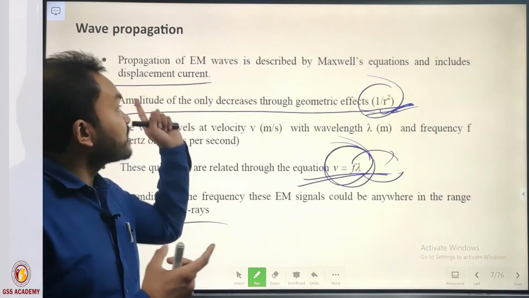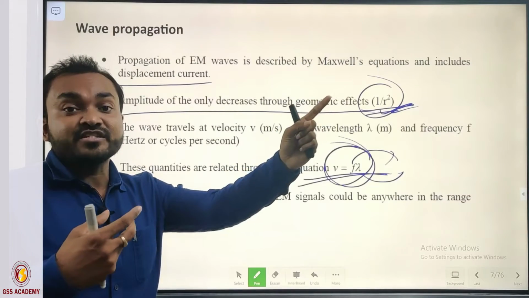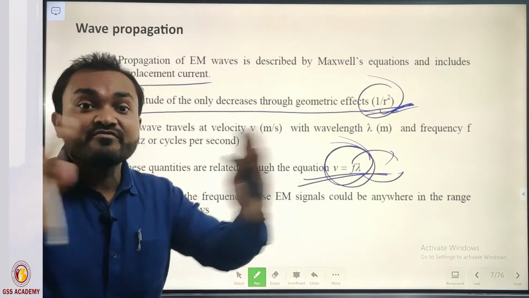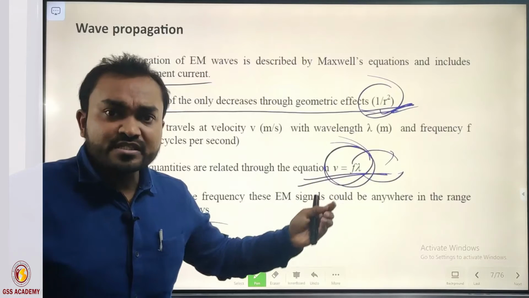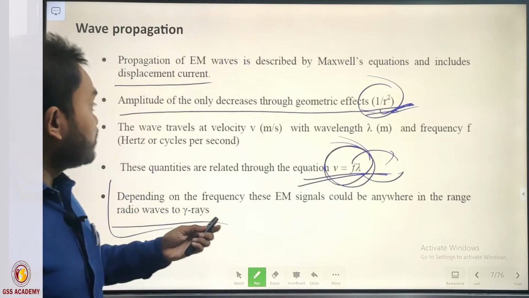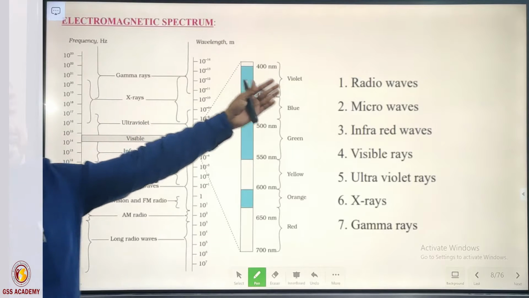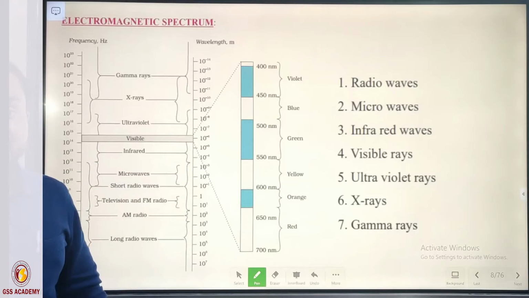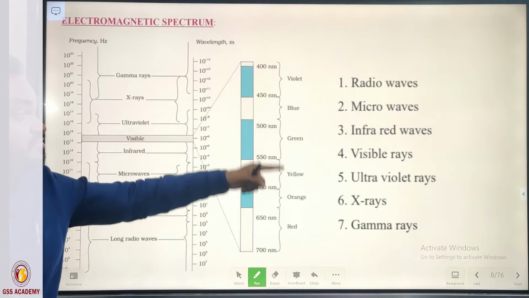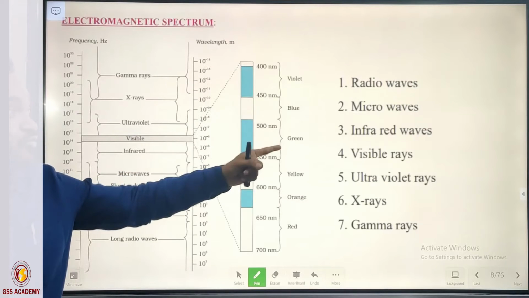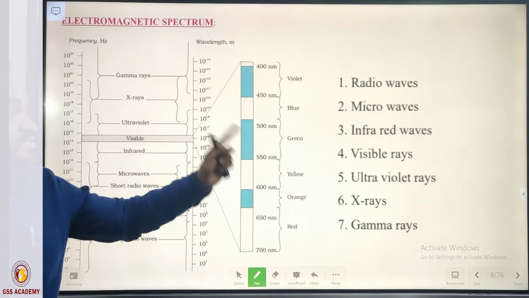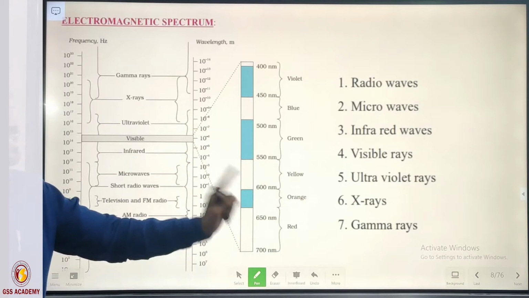So you can see what the ranges of this wave propagation are, and what the ranges of these frequencies are. There are huge ranges of frequencies, from radio waves to gamma rays. There are radio waves, microwaves, infrared, visible rays, ultraviolet rays, X-rays and gamma rays.